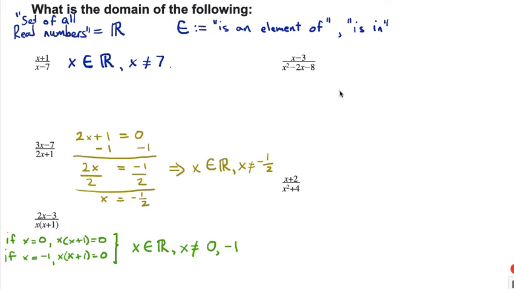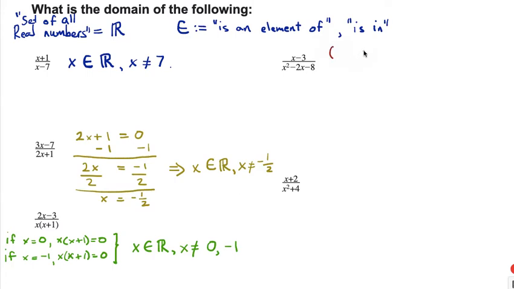Okay, so let's look at a quadratic example. Here we have a quadratic. Recall that to find the zeros of a quadratic, you first want to factor it. So let's start by factoring it.